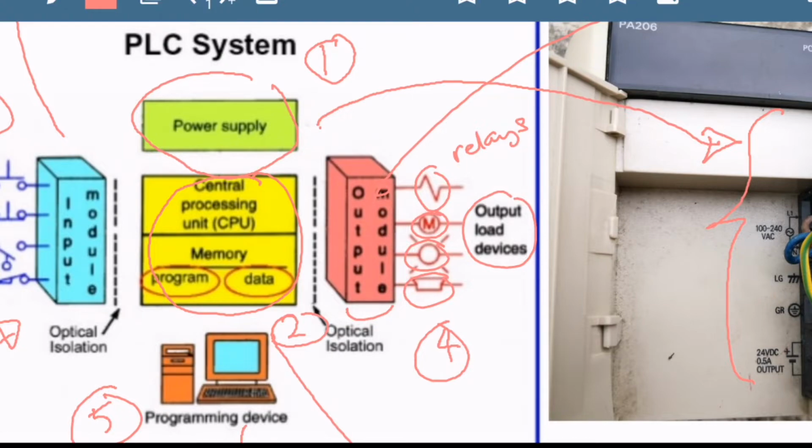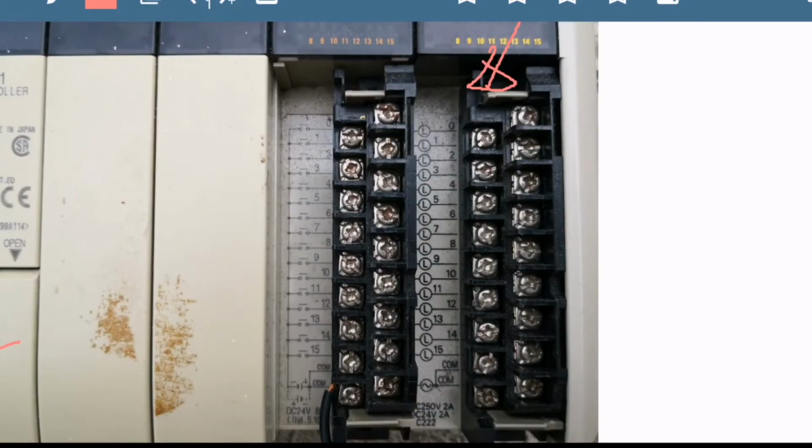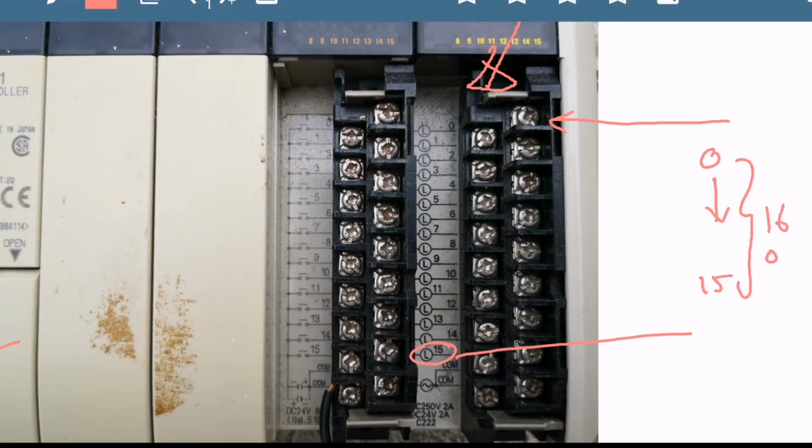This is the module. Where is the module? It is here. We have 16 outputs, 0 to 15, which totals 16 outputs. This is input 0 to 15. See here, 0 to 15 means 16 inputs.